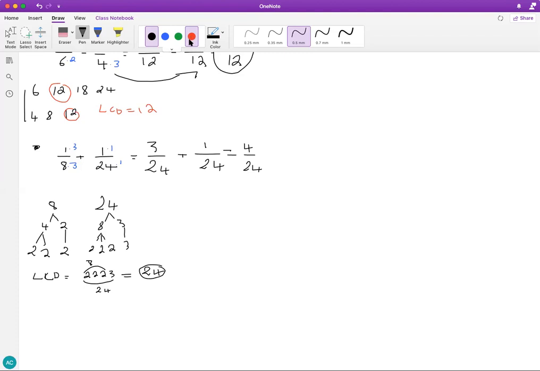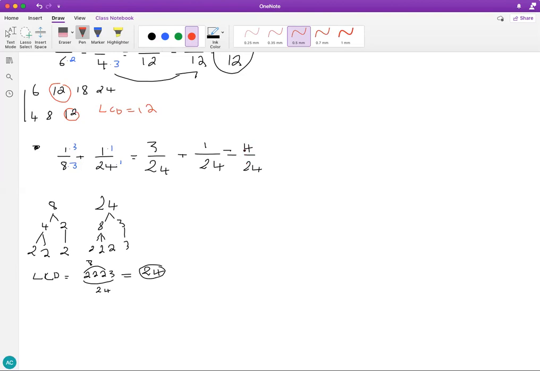Can we reduce it? What goes into 24 and 4, the highest number? What goes into 4 and 24? Could be 2 or 1, or something higher. They both share it.